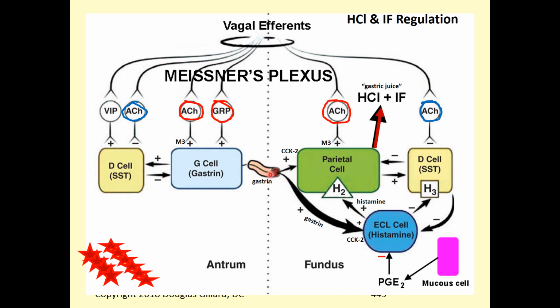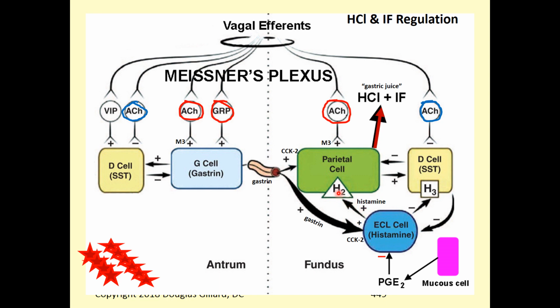And then we'll see here in a second, gastrin has two targets. Might as well tell you now. It can flat out bind to its CCK2 receptor on the parietal cell, stimulates acid, intrinsic factor. And if that's not enough, it's got a double mechanism. It swims over and binds to these ECL cells, and ECL cells release histamine.